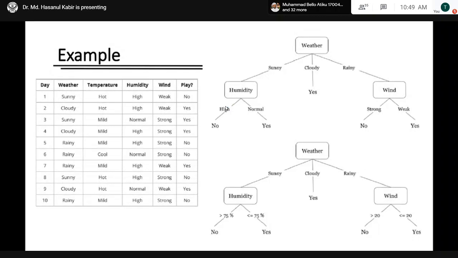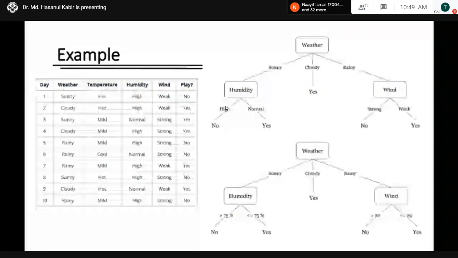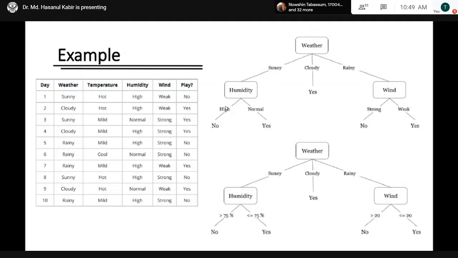And if this is my potential way of doing this classification, can I do the same thing for temperature? Yes, sir, I'm taking the possibility. Can I do the same thing for wind? I can do, right?